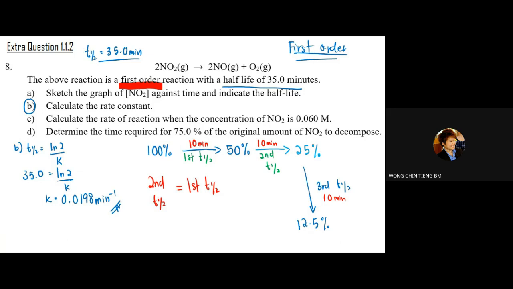Okay, your friend is asking: when do we know that we need to use the rate law or the integrated rate law? When we have time, we use the integrated rate law. Whenever you need to work with time, whether the question gives it or asks for it, you use the integrated one. But if the question only asks for rate, you use the rate law. Because integration is integrating to the limit of time. So if there is time, use integrated. If there is no time, use the rate law. Does that answer the question? Thank you.